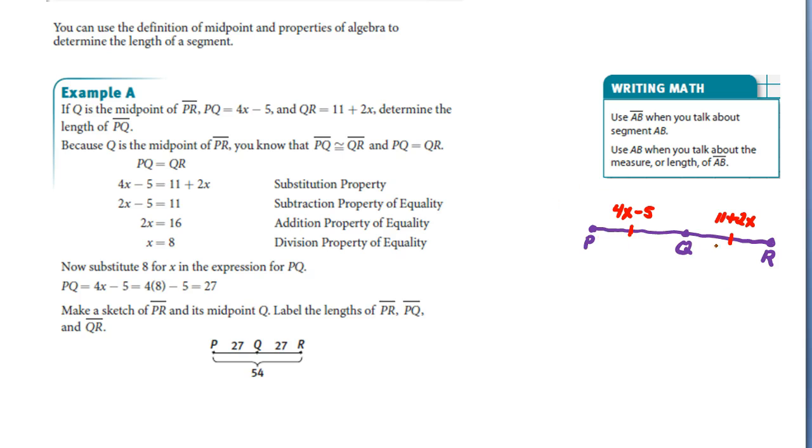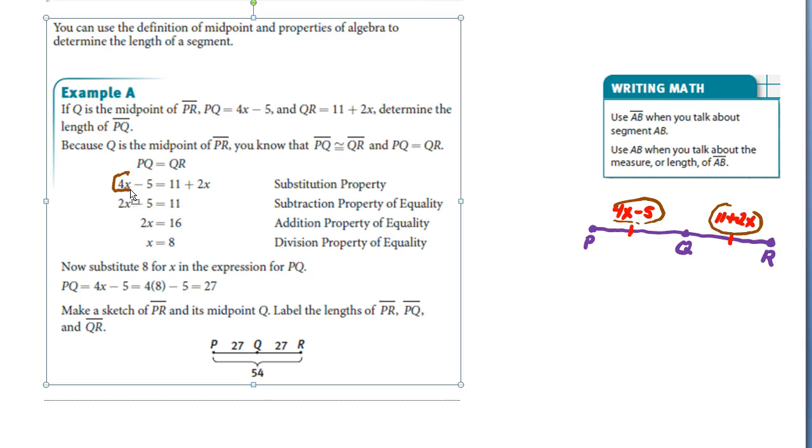I've drawn segment PR, positioned Q as the midpoint, and because it is the midpoint, I knew that this first segment was congruent to the second segment. And I've labeled them with their algebra expressions. And how this is helpful to me is I now know the relationship of this expression and this expression. I think these are equal to each other. And that's where this equation is coming from.